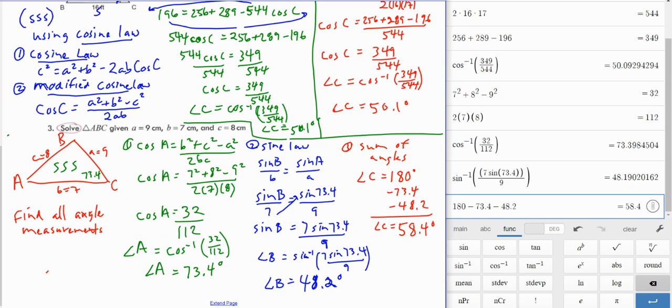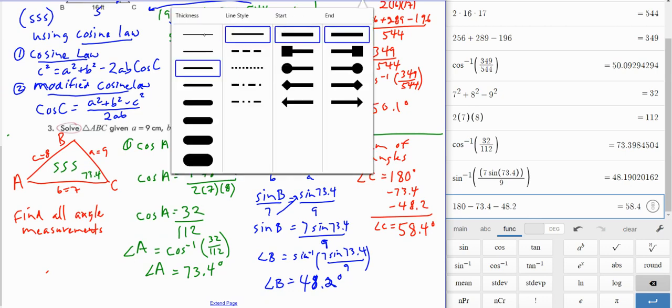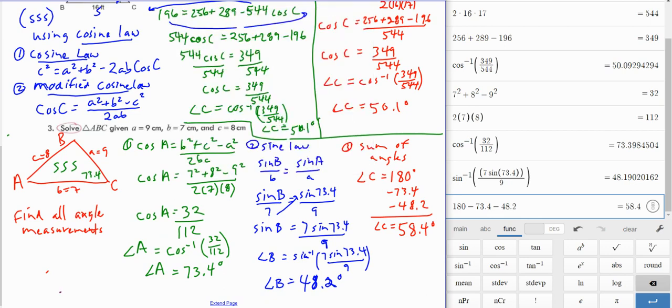And you can have a therefore statement at the end. We don't have much room for it right here, but let's say angle A was 73.4, angle B is 48.2, angle C is 58.4.